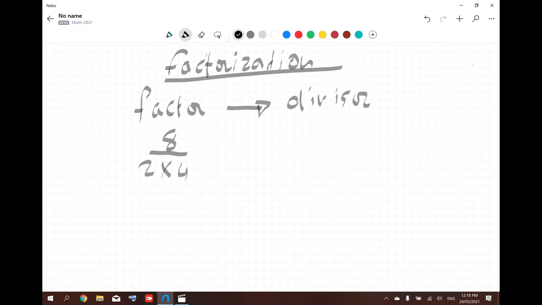Now, one reason why we express a number as a product of its factors is to be able to simplify. So for example, 8 divided by 2. I know that 8 divided by 2 is a 4.